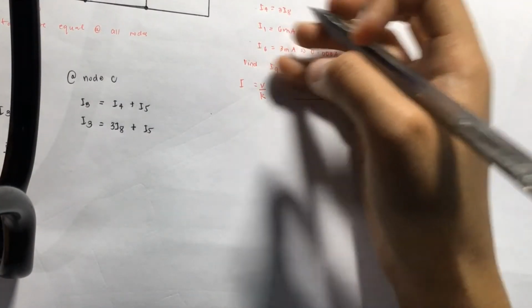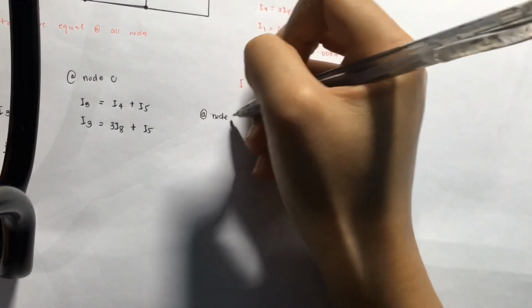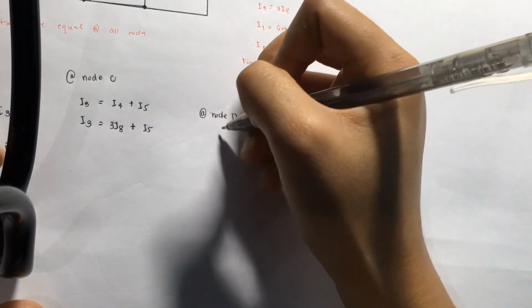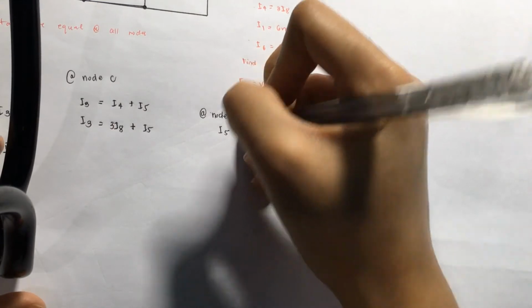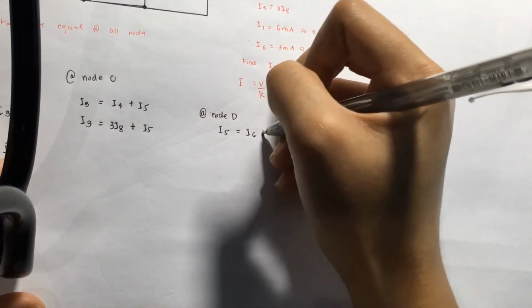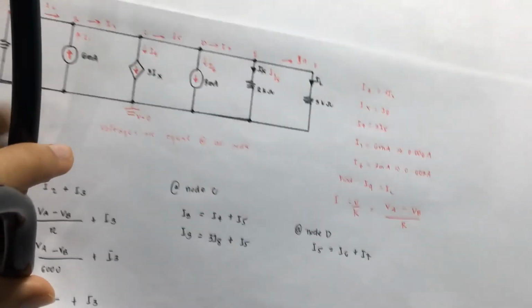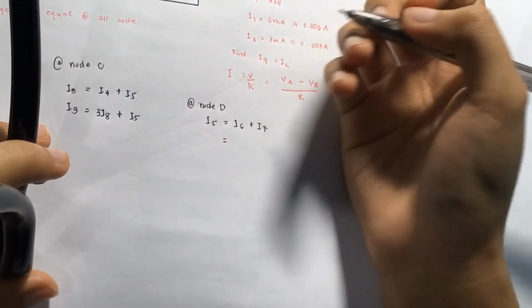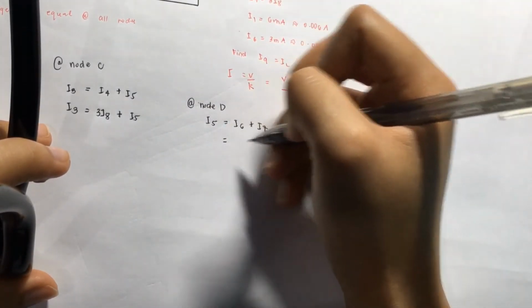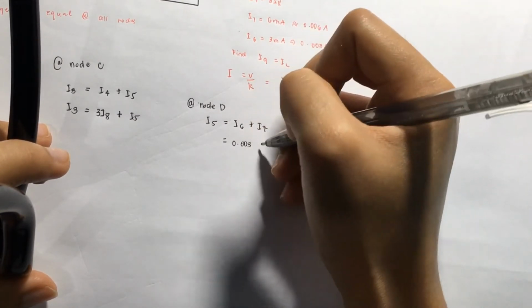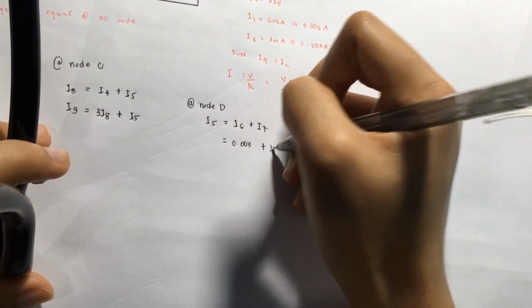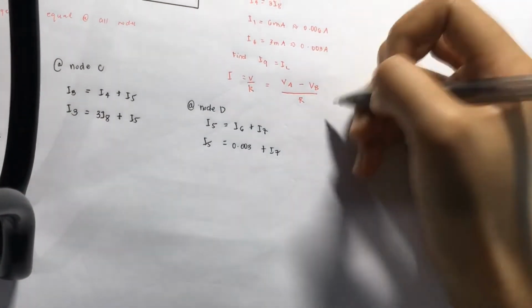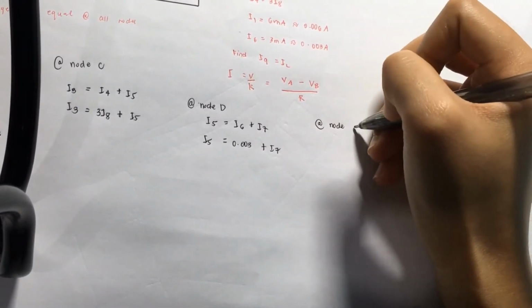Next is node D. We can see that what goes into node D is I5, so I5 is equal to I6 plus I7. I6 is given, which is 0.003. So we copy I7 for I5.